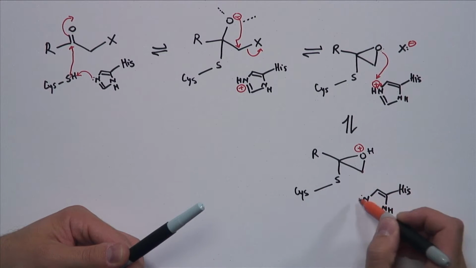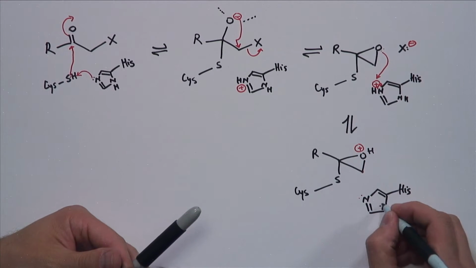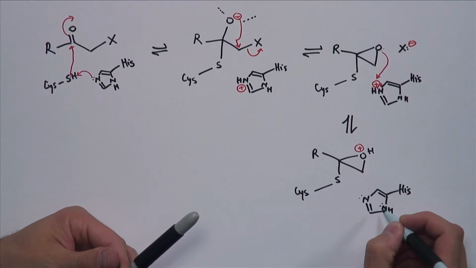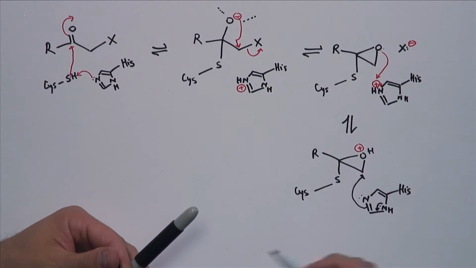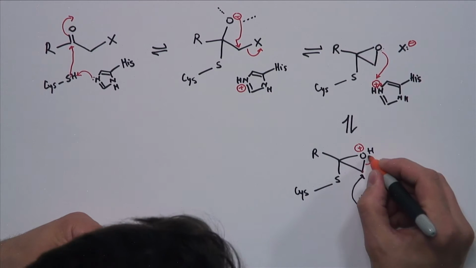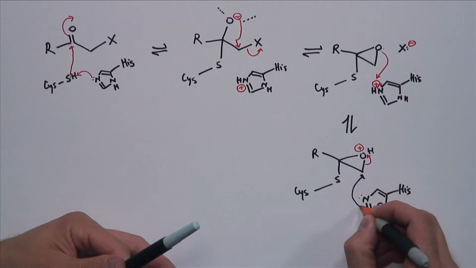And it turns out the histidine, this nitrogen, is a good enough nucleophile to react in an SN2 type reaction. And in fact, the reaction is helped by this other nitrogen. I should have used a different color.